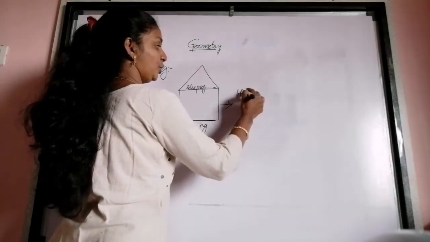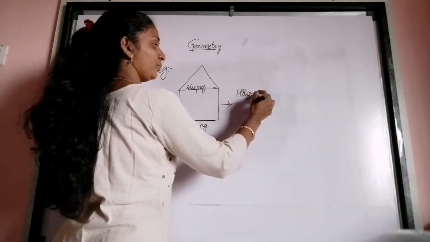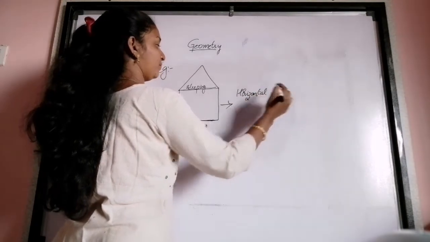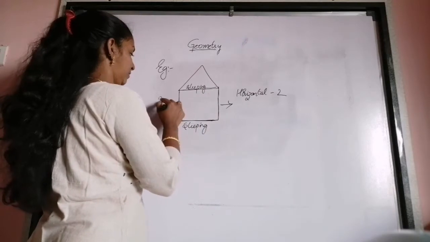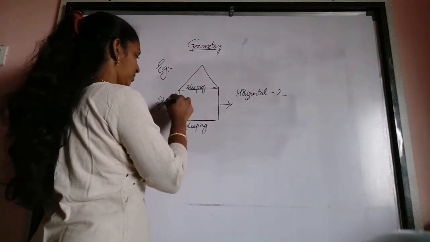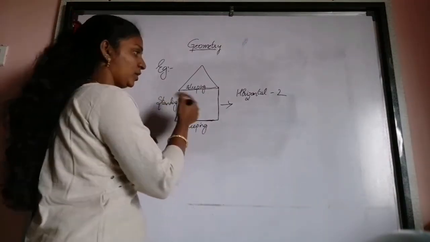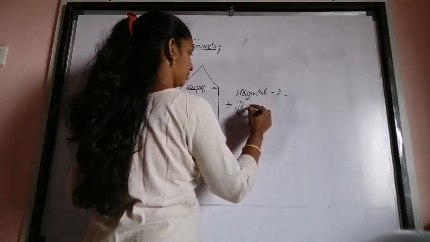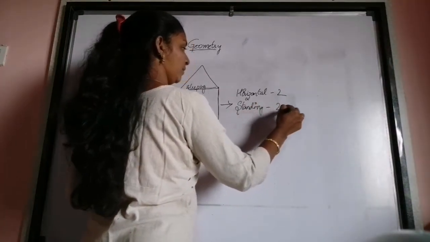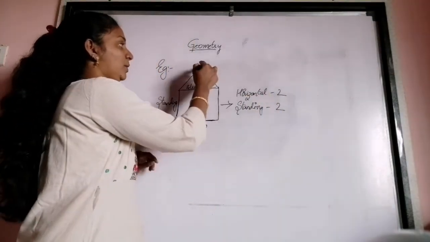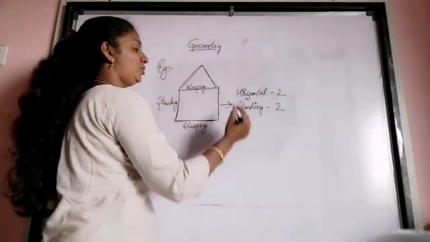Horizontal 2, and vertical, standing lines. Standing 2. And what about the slanting lines? There are two slanting.